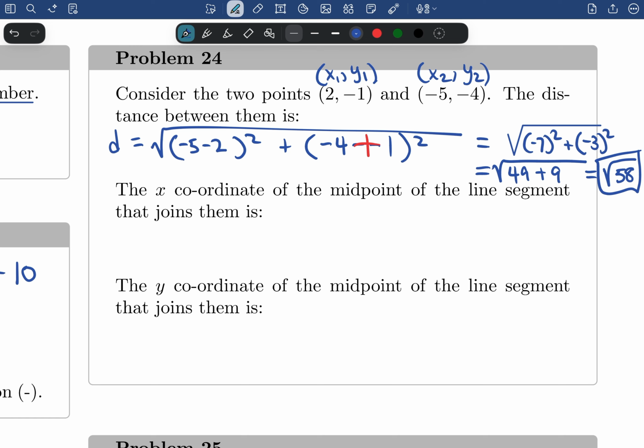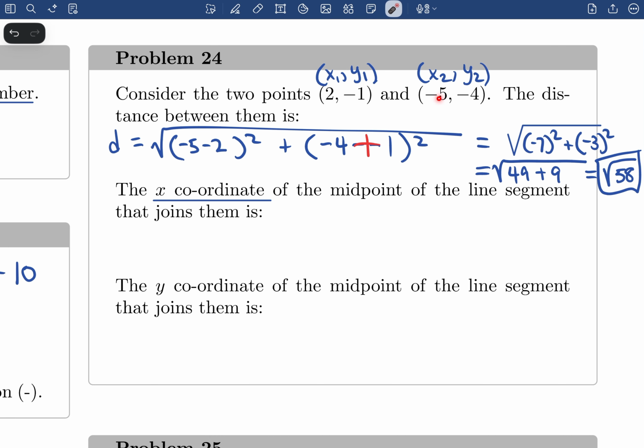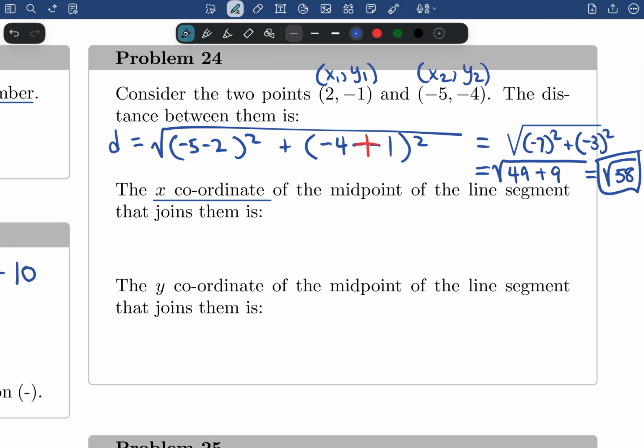Okay, great. Now, the x-coordinate of the midpoint of the line segment that joins them is blank. Well, to find the x-coordinate of the midpoint between the two endpoints, we take the x values and add them together and divide by 2. Just take the average of the x values. Right, so I'll show you generally how we do it. x1 plus x2 divided by 2.